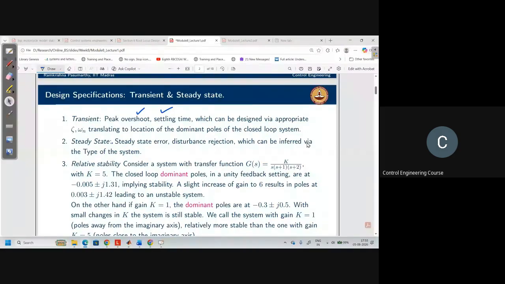Let's say, for example, on the root locus, if you have designed a pole at this point, it is far from the imaginary axis, and the corresponding k is some value, say k equal to 1. Suppose for k equal to 5, your root locus is close to the imaginary axis, right? So this point is not as stable compared to this one.